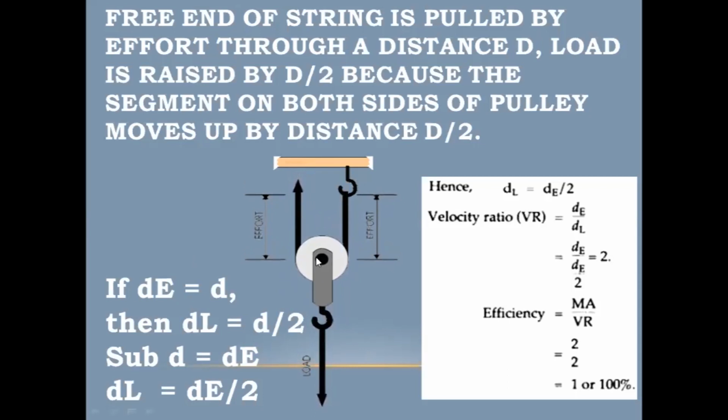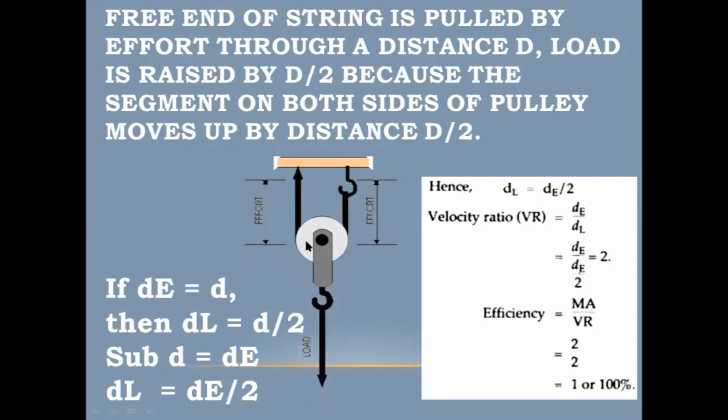Imagine you have a pulley attached to a single string. You are pulling the string 10 centimeters up. What will happen? When you pull it 10 centimeters up, the load will move only 5 centimeters. That is, the distance moved by the effort could be 10, but the distance moved by the load is only 5 centimeters.